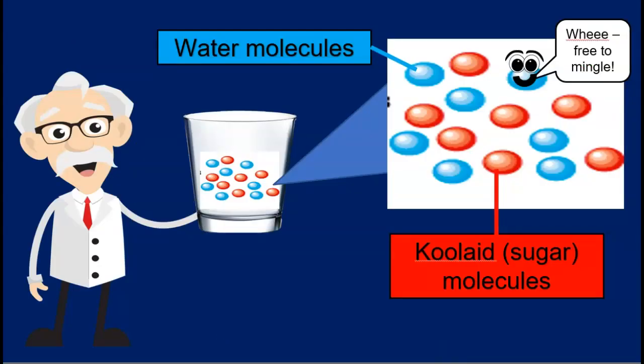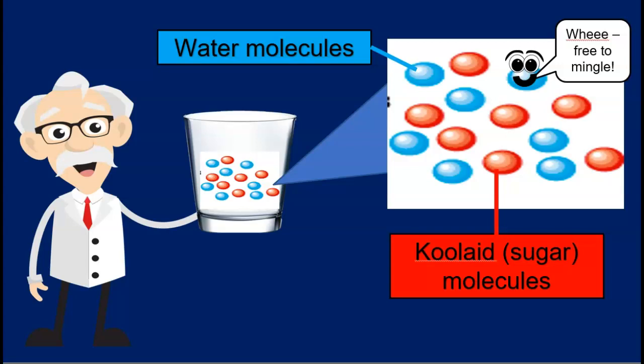So if we could zoom in and look at the Kool-Aid molecules and the sugar molecules in the Kool-Aid and look at the water molecules, you would see that they're mixed together. It looks like from our naked eye, when we're just looking at a glass of Kool-Aid, they're all joined together chemically, but they're actually not.